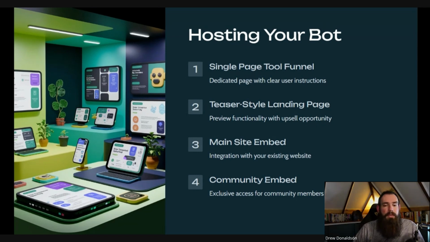That's kind of an inverse lead gen where you're not really collecting the lead at that point. Your lead's already taken care of when they sign up for your community, but you're using that tool as bait to get them in. This can also work well if you want to build a suite of bots and use that as bait to get people in. So just a couple of ideas.